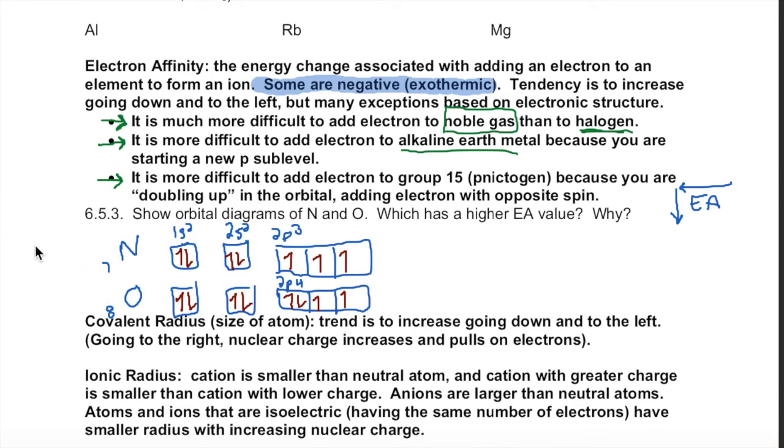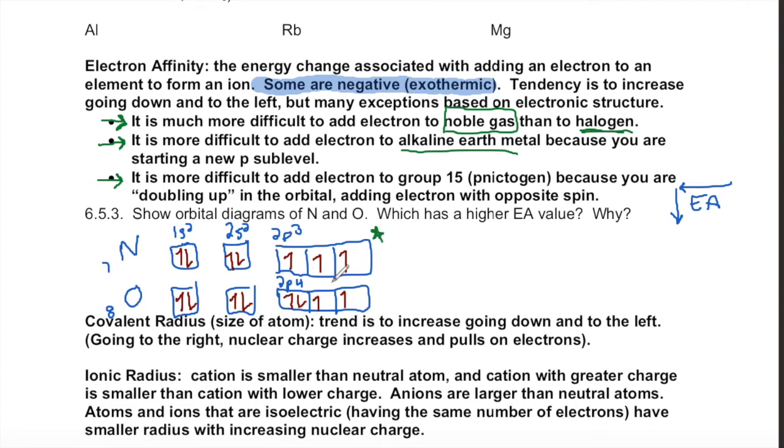All right, so here we have the electron configurations, or actually the orbital diagrams of nitrogen and oxygen. So nitrogen with its 7 electrons has a half-filled p orbital. It has 3 electrons in this 2p orbital, whereas oxygen has 4.